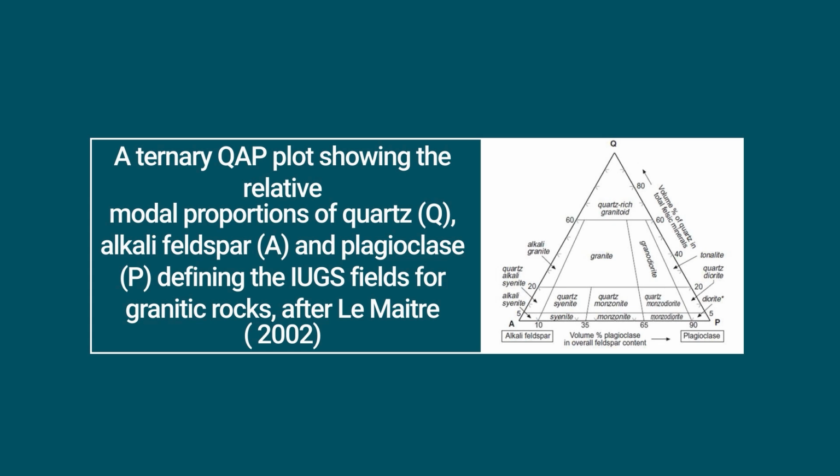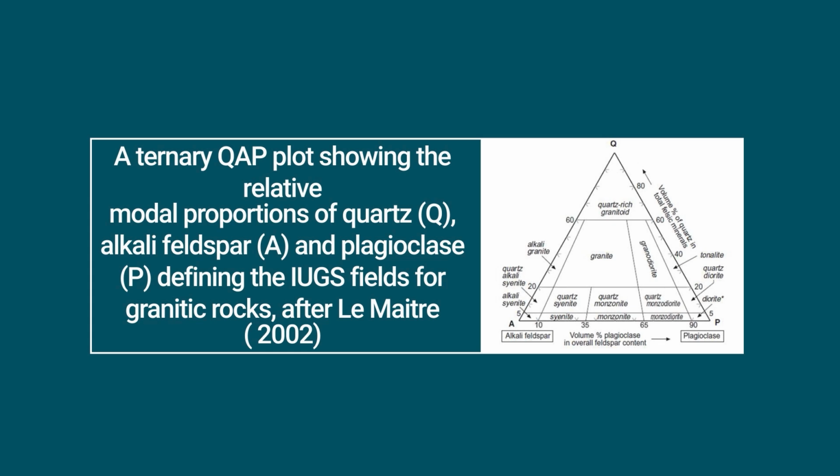Here Q stands for quartz, so the quartz content will start increasing from the AP plane towards Q. Likewise, plagioclase feldspar will increase from the AQ plane towards the P point, and the alkali feldspars will be increasing from the QP plane towards the A point. The rock types are classified by these boxes.